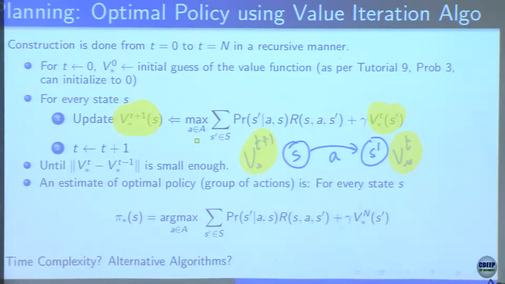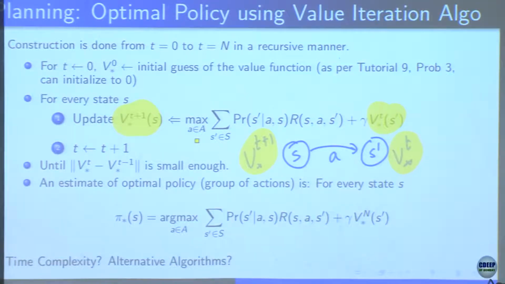And you keep doing this till the V star estimates from the t and t plus 1 iteration are very similar. Well, basically convergence criterion. Once you get your V star, you could get your pi star.